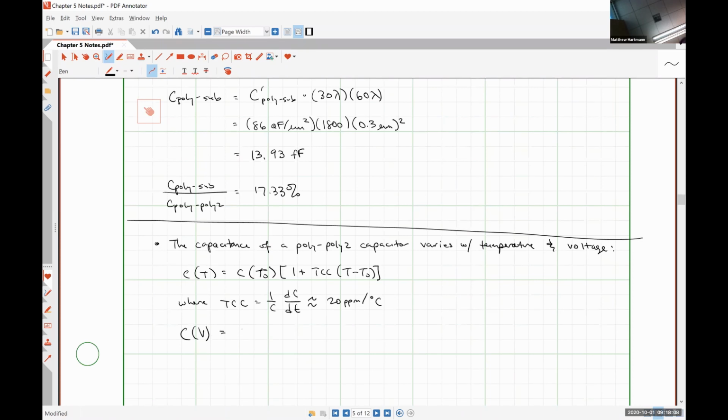We can also see that the capacitance as a function of voltage is the unbiased capacitance multiplied by 1 plus the voltage coefficient of capacitance multiplied by the variation in voltage, where V is the plate voltage difference, so the difference in electric potential between the two plates.